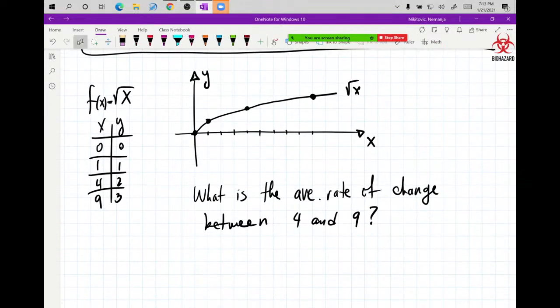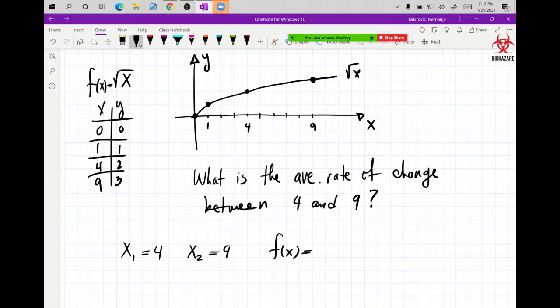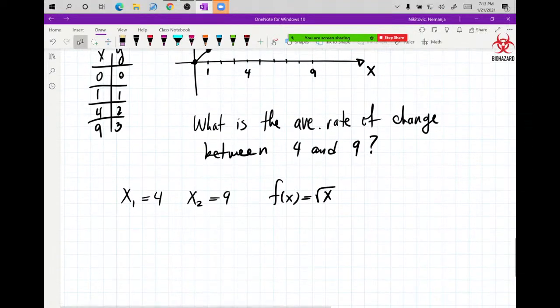Now, we are going to do the word problem to make sense of this, but this is just a basic example with numbers. So what are the things I have? Well, x1 is 4, x2 is 9, and I also have that f of x is root x. Oh, so I can compute this.